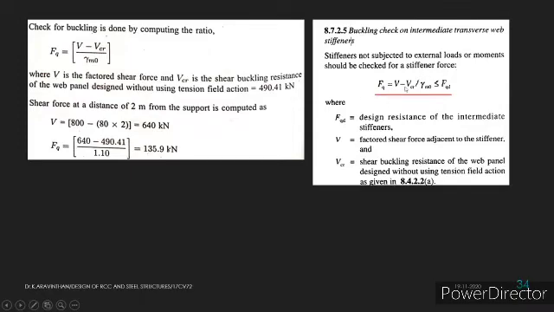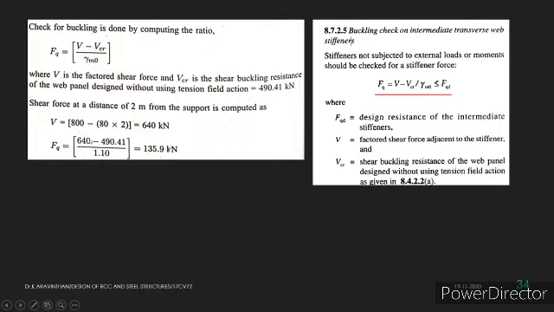FQ is V minus VCR, where V is the factored shear force adjacent to the stiffener, that is 800, the shear we found out initially, and VCR is the critical shear buckling resistance, which we found as 490.41 divided by gamma MO. This is the material factor of safety, which is 1.1.